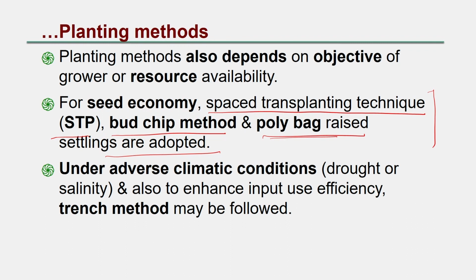Under adverse climatic conditions, say drought or salinity, and also to enhance input use efficiency, trench method may be followed. So depending upon the requirement, climatic conditions, soil condition, personal interest of the farmers, many factors govern the type of method used for planting sugarcane.